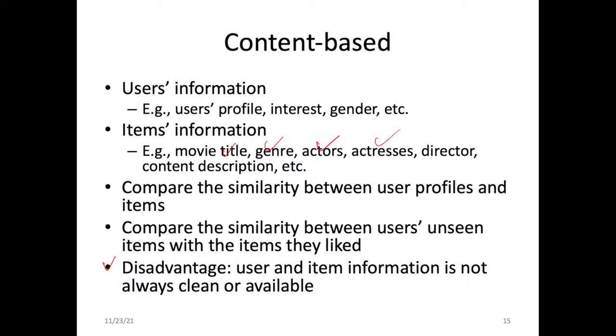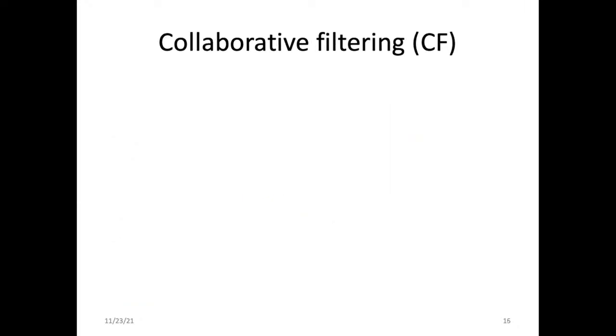But if we change to another field, for example, you want to know whether people will like certain music or not, then you need to have different kinds of music information. If we shift to, let's say, books, perhaps you need another kind of information. Right? So for different kinds of items, you may need different kinds of information, which is not always available. So that's a disadvantage of this kind of method.